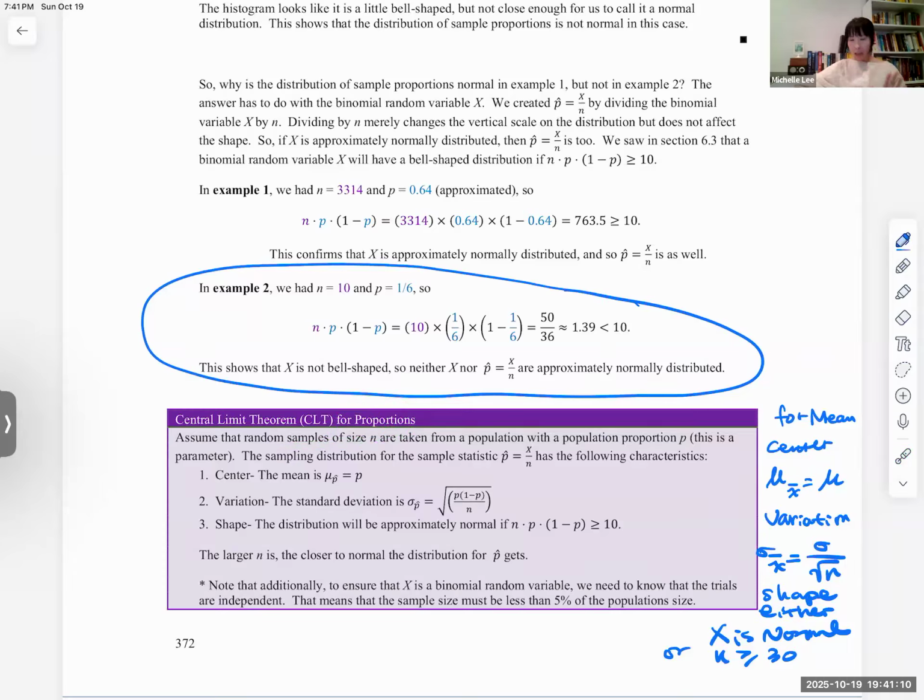Okay, now we have the central limit theorem for proportion. I just showed you earlier that the mean of the sample proportion is the same as the theoretical probability, which is the population proportion, right? Now the variation, the standard deviation, is a little more complicated formula: the square root of p times 1 minus p over n.